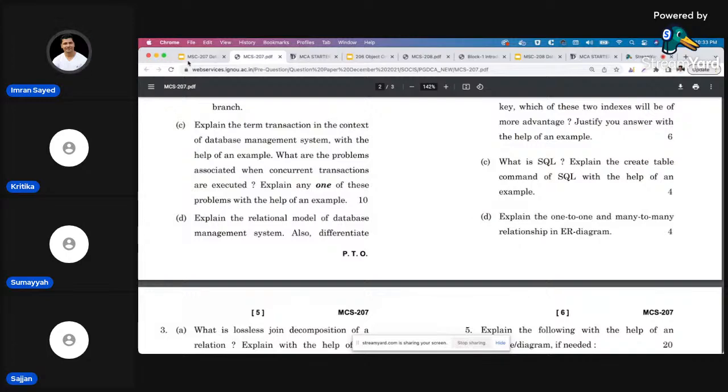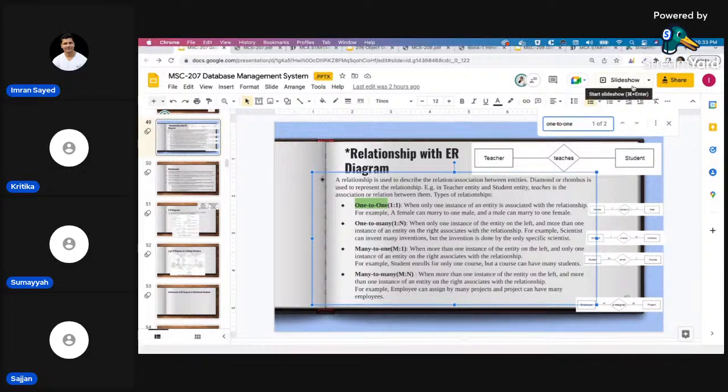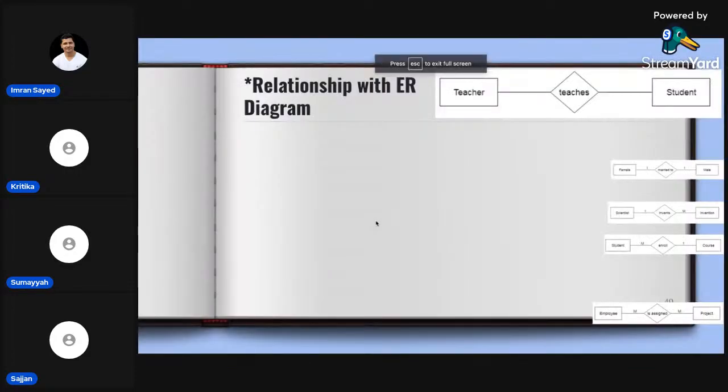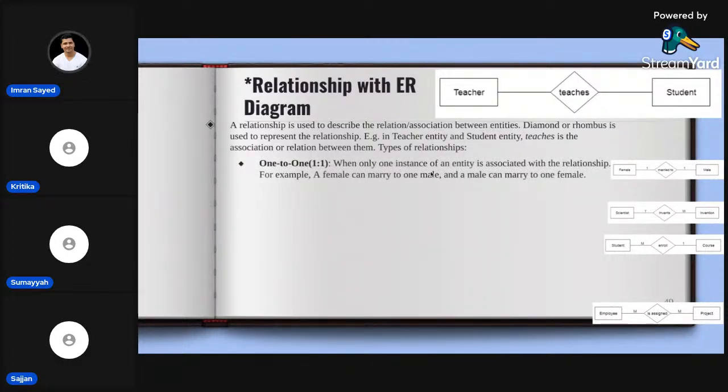And when you create a diagram, let me show you that. Here it is. A relationship is used to describe the association between entities. One-to-one is when only one instance of an entity is associated with the relationship, denoted as 1:1.